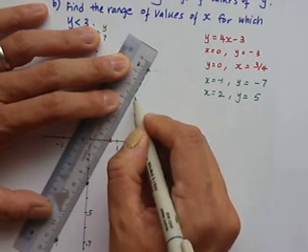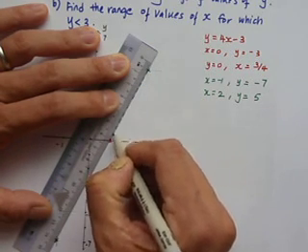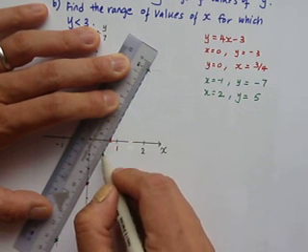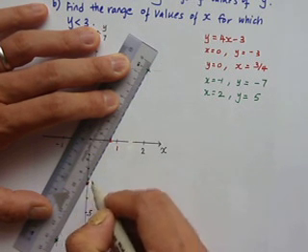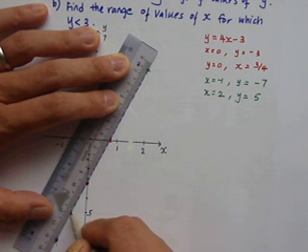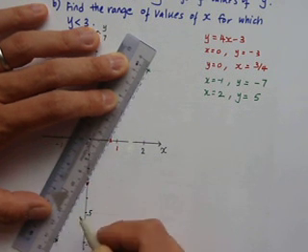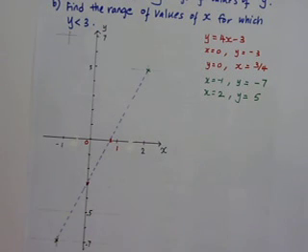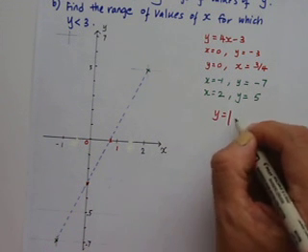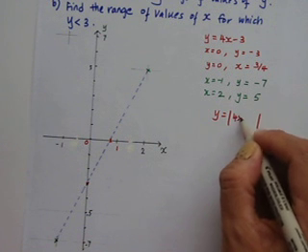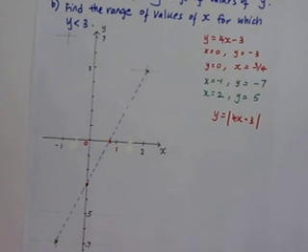Okay, we use a dotted line for the intermediate step. Now we will consider when we put the modulo sign, okay, on the 4x minus 3 graph.